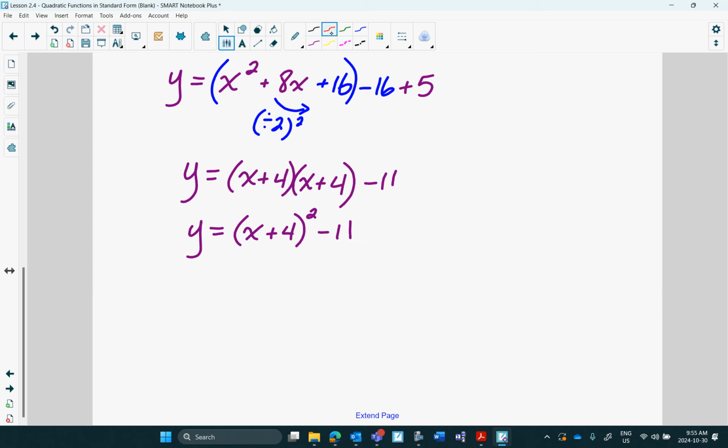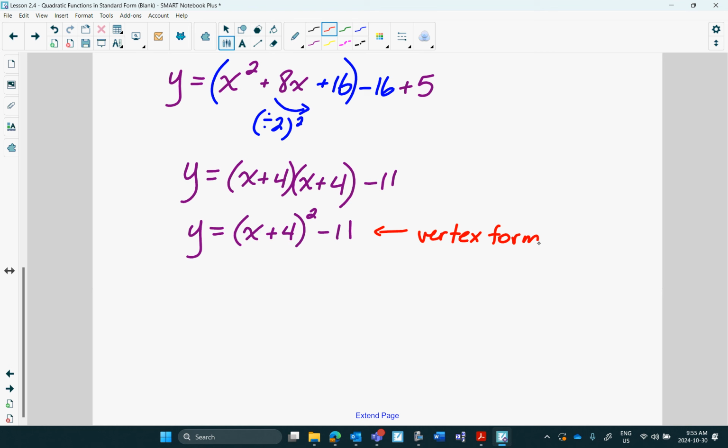We've got ourselves vertex form. So that's the process. You have to make a perfect square trinomial by adding a certain number, and then you have to subtract that number to keep the quadratic function balanced. Then you factor and simplify, and you've got yourself vertex form.